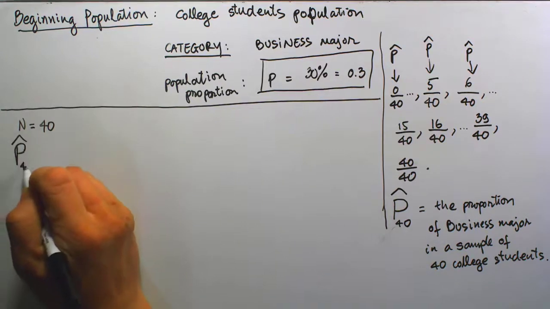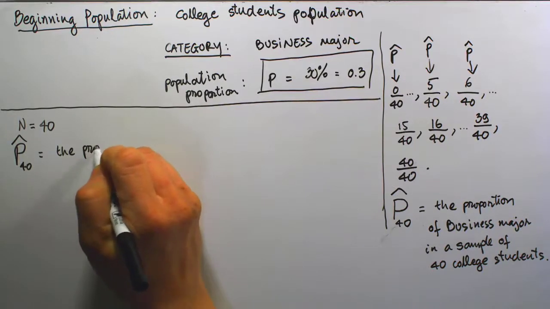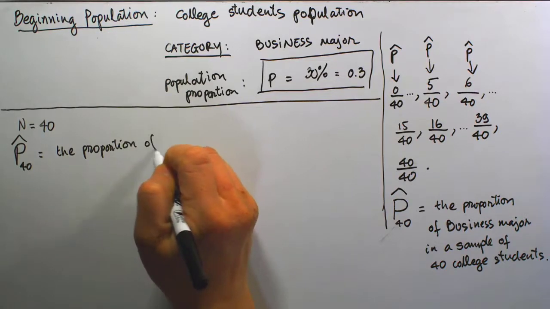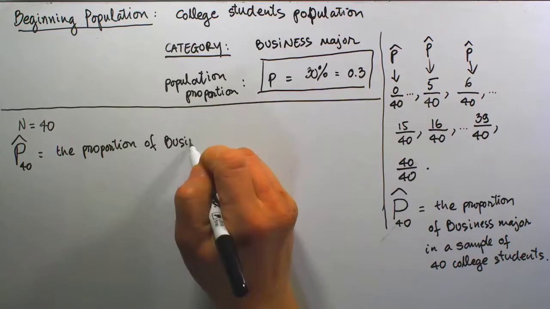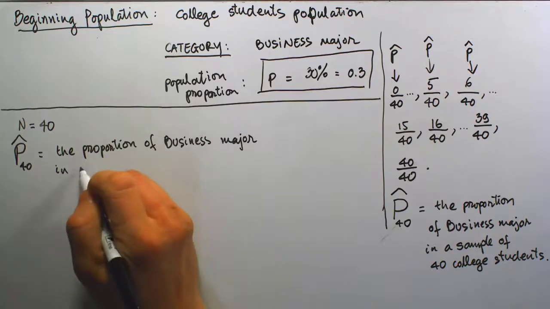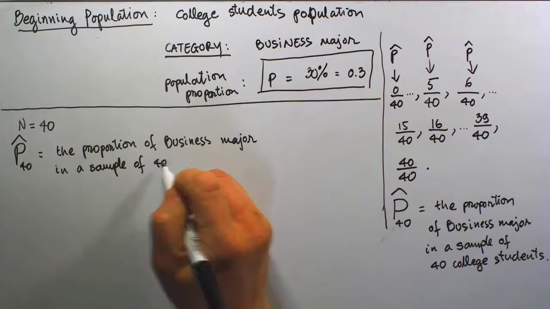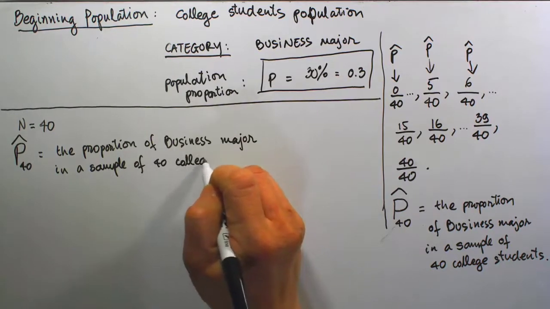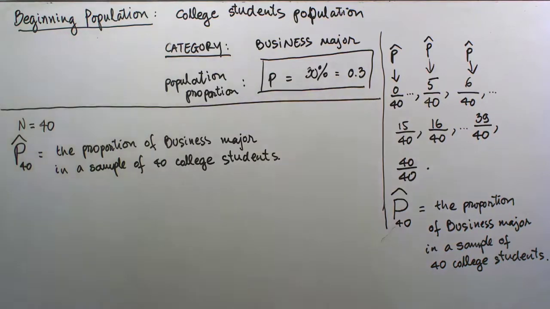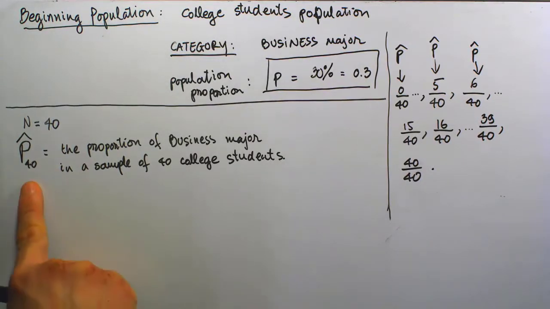P hat 40 is the proportion in a sample of 40 college students.